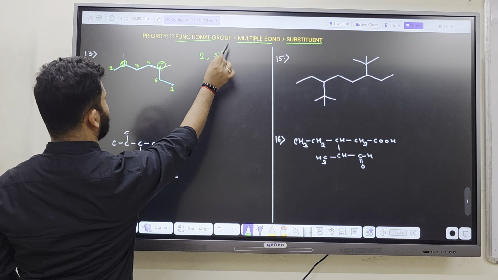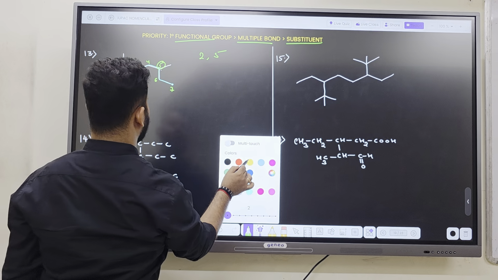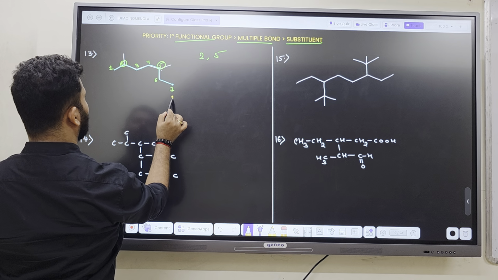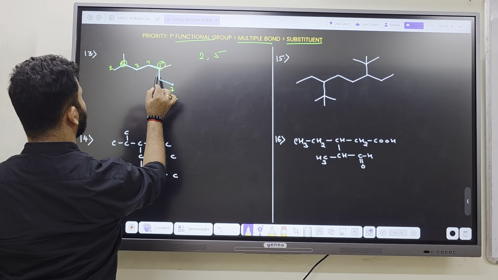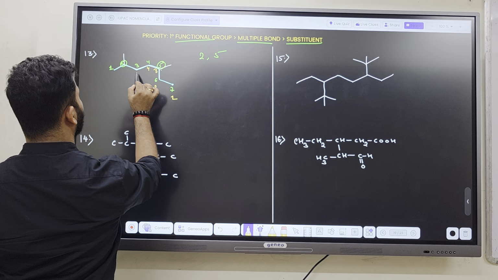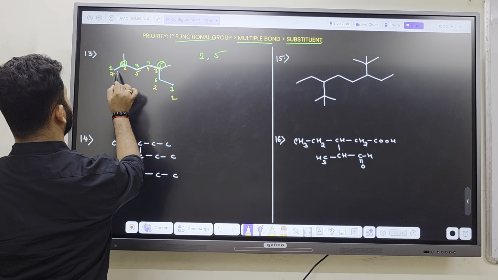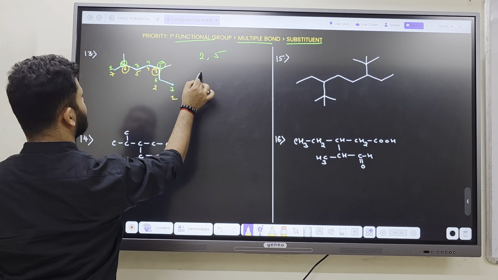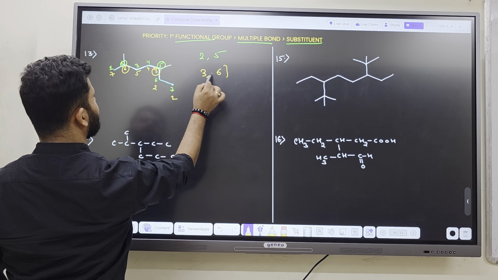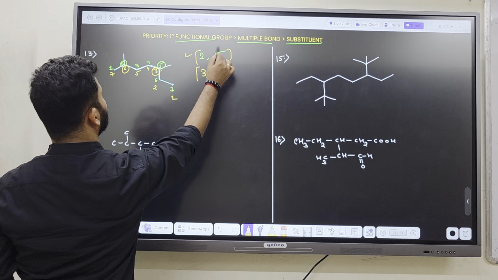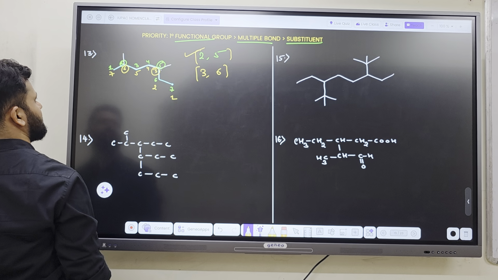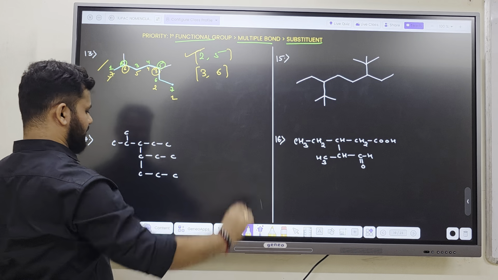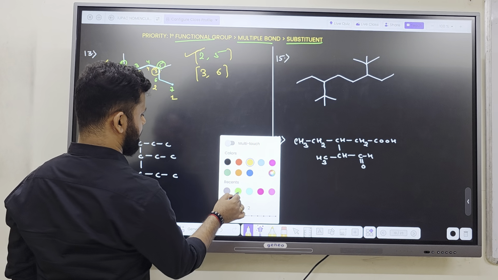If I go in the opposite direction, 1, 2, 3, 4, 5, 6, 7. So my substituents are present at 3 and at 6. I will prefer 2, 5 over 3, 6. Therefore, this way of numbering is wrong and the green way of numbering is right.